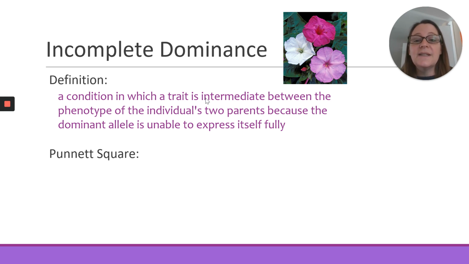The dominant allele isn't able to fully express itself. Typically, the darker colors exhibit dominance over lighter colors. So when we make the Punnett square, we're still going to use capital letters and lowercase letters.